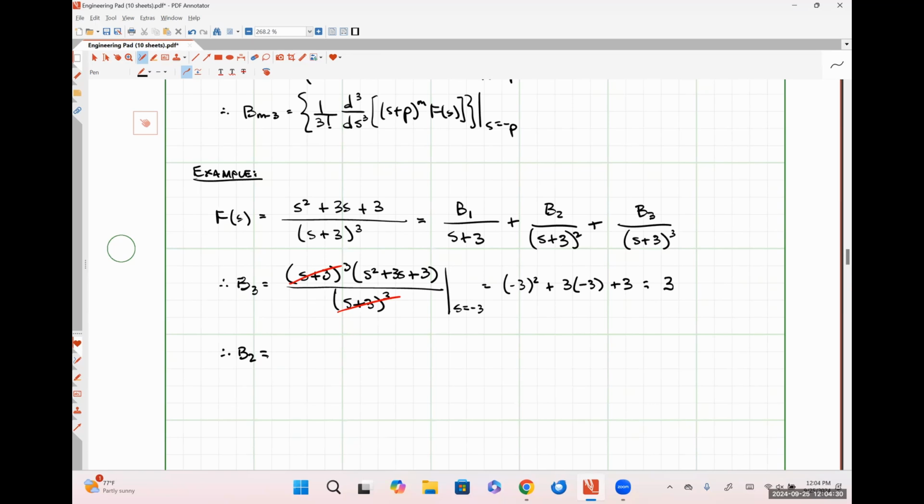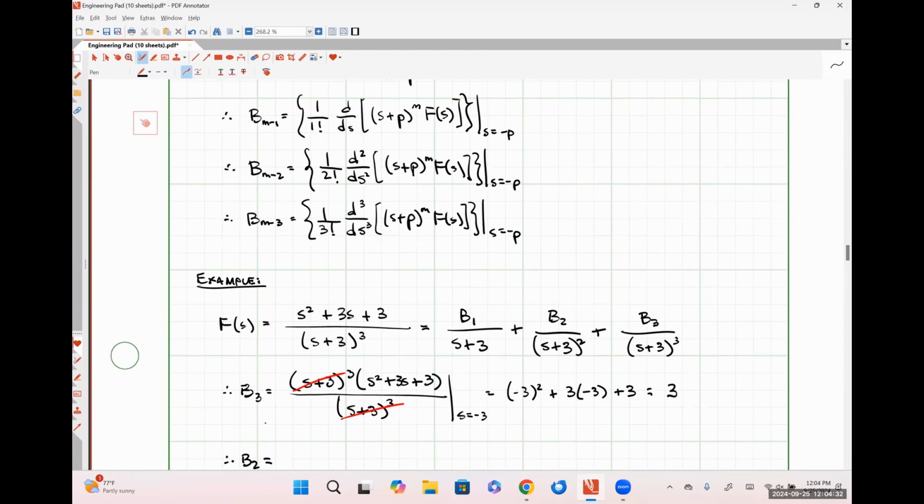Let me scroll back up here. Hopefully we can see from this first example that when I multiply my original function by the denominator, the only thing that's going to survive is the numerator. So all I'm going to do is take the first derivative of the numerator with respect to s, multiply that by 1/1 factorial, and evaluate it at s is equal to -3.